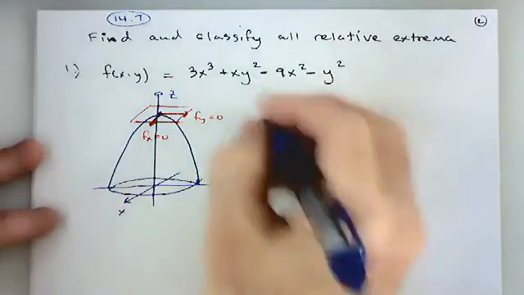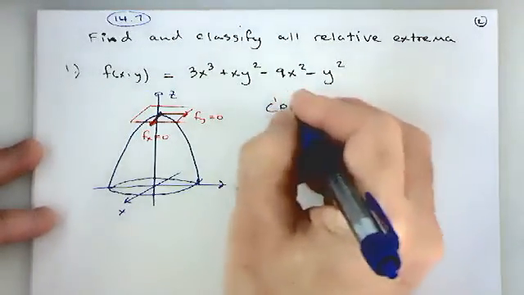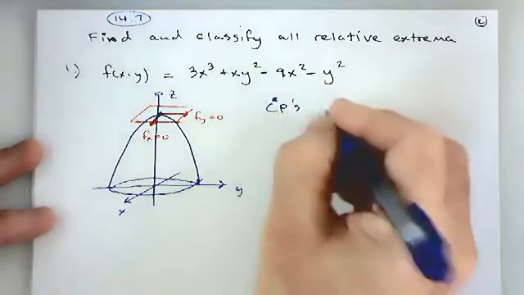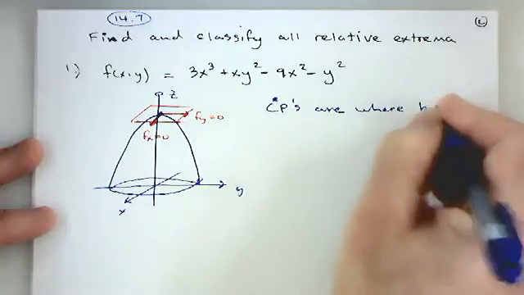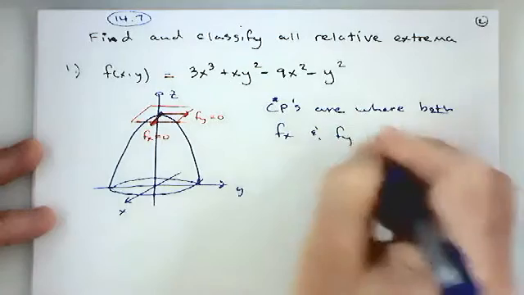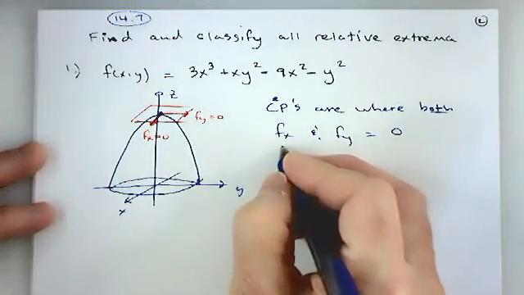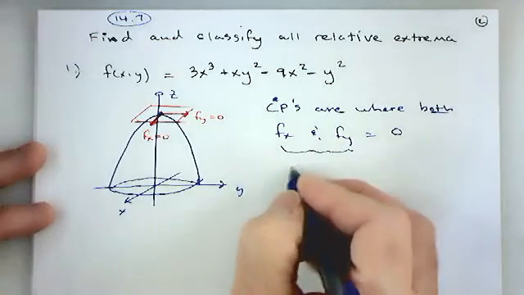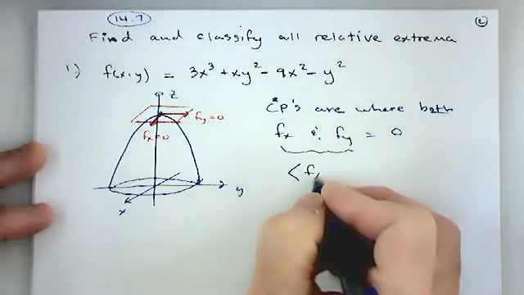So critical points are where both f sub x and f sub y equal 0. Another way, the way the book explains this, which is the same thing as I'm saying, is that the vector made up of f sub x and f sub y is your gradient vector.